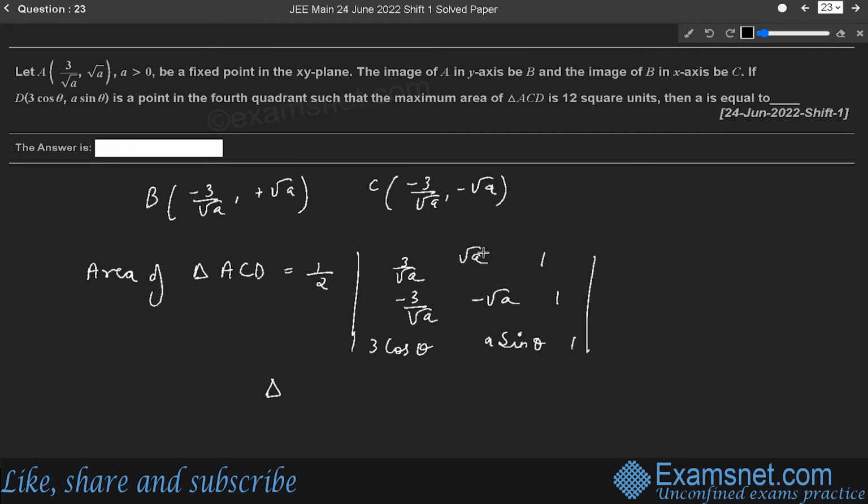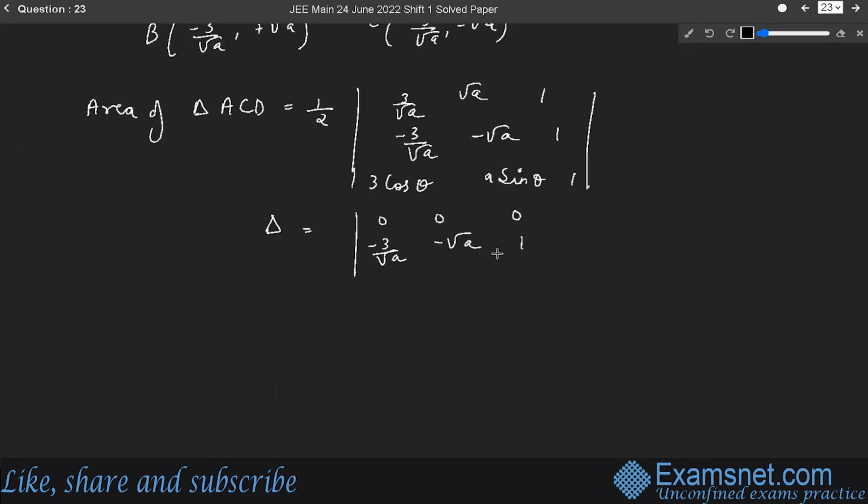So delta will be equal to the determinant with rows 0, 0, 0 minus 3/√a, -√a, 1 and 3 cos θ, a sin θ, 1.